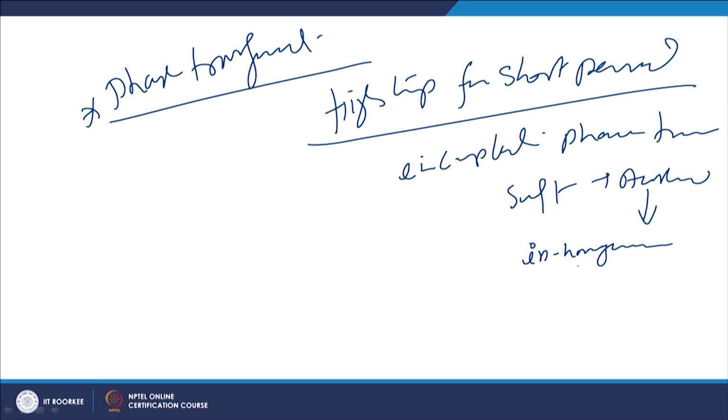So, whatever austenite is formed, it is inhomogeneous, and this inhomogeneous austenite is subjected to the transformation at varying cooling rate.